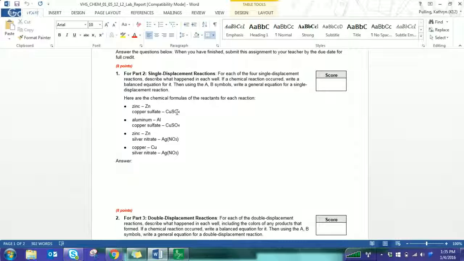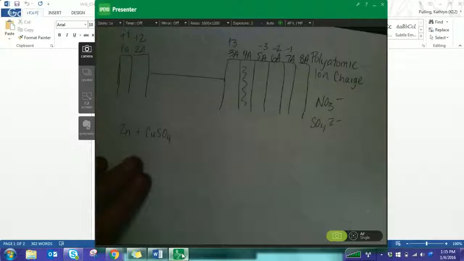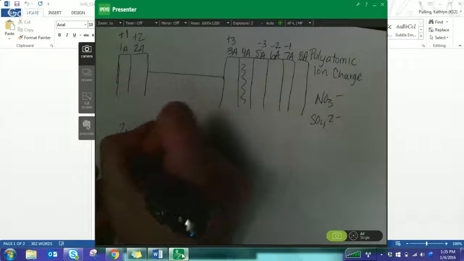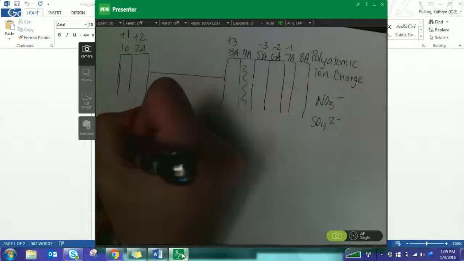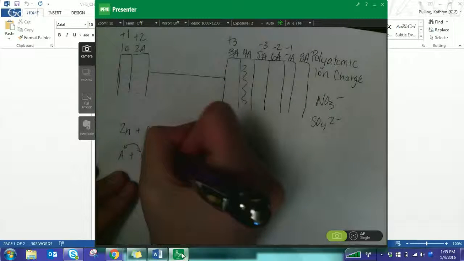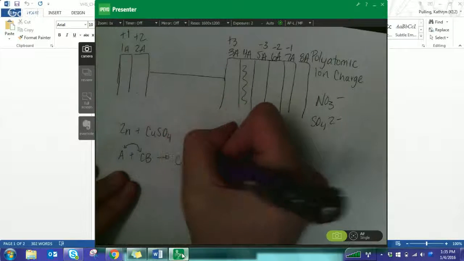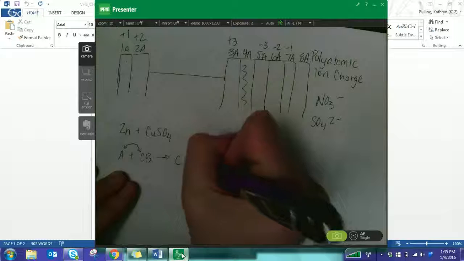And zinc is one of the very few transition metals that 99% of the time forms 1 ion, so it's usually 2+. In single displacement, you're going to have your metal plus an ionic compound, and the metal is going to kick out the cation on the ionic compound, giving you a new metal and a new compound.